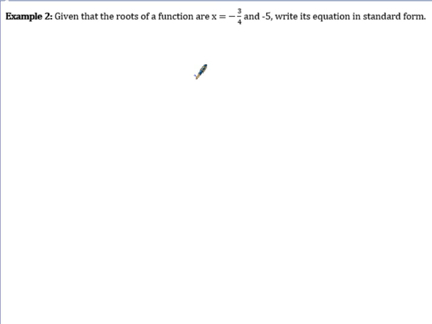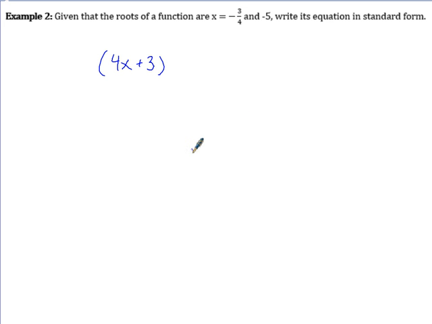Same type of problem here, but now we have one root that is a fraction. X equals negative 3 over 4. Alright, anytime you have a fraction, the denominator of the fraction is going to be the coefficient of x. So when I write my factor, it's going to be 4x, and then because it is negative, I'm going to say plus 3.